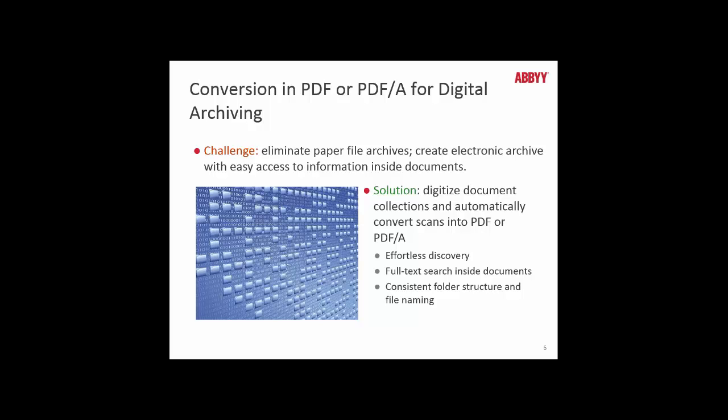It offers convenient tools for batch scanning, OCR, creation of searchable PDFs from scanned documents and file naming, and can be used for project-based conversion of large document backlogs as well as for processing documents on an ongoing basis.